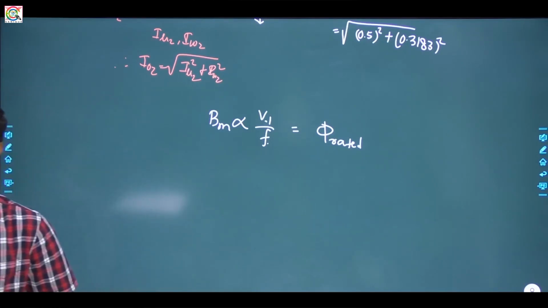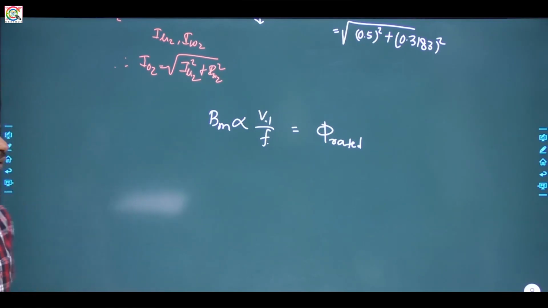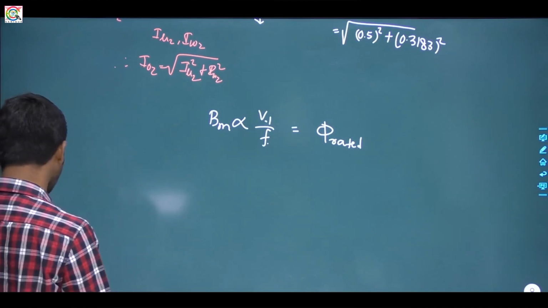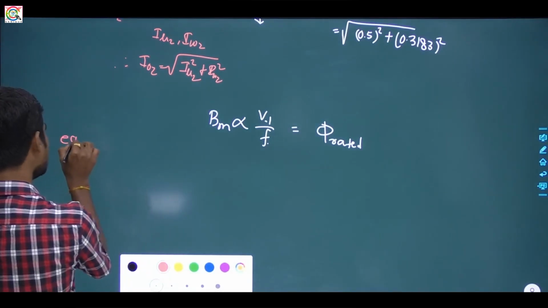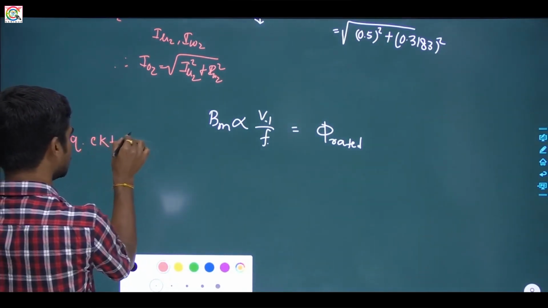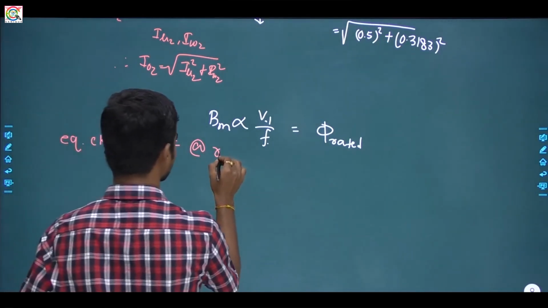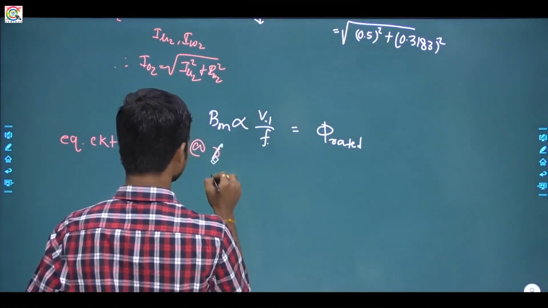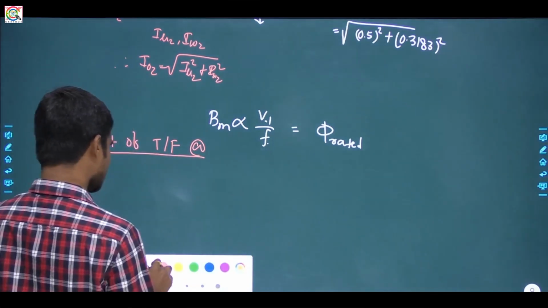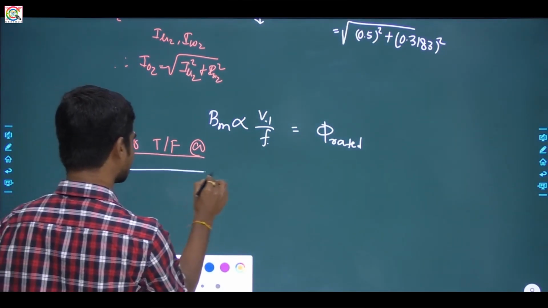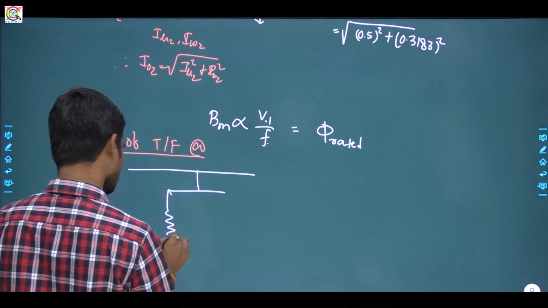To find I naught, we told you that you need to find the values of Imu2 and Iw2. How to find these values? From the equivalent circuit. So again we have to draw the equivalent circuit of the transformer when the open circuit test is conducted on the high voltage side.